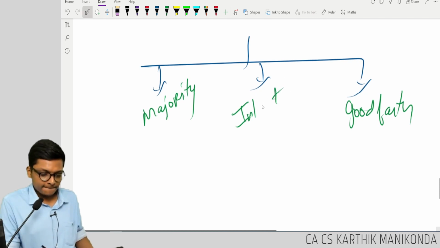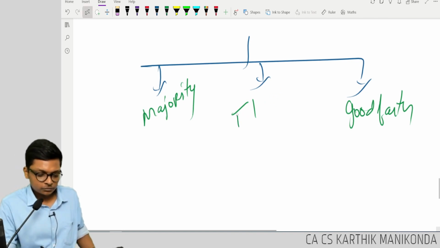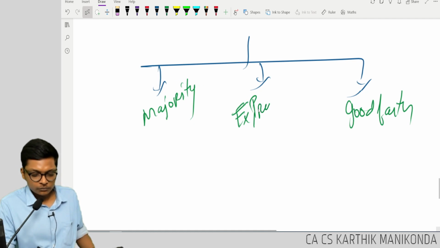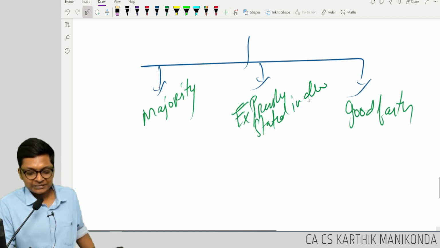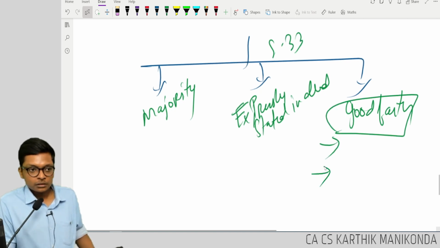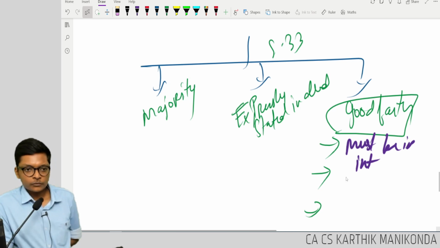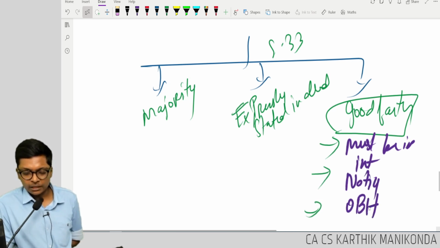First, the 3 basic points, guys: expressly stated in the deed, Section 33. Good faith again has 3 sub points. What is that? Must be in the interest of the firm, then he should be given notice and an opportunity of being heard.